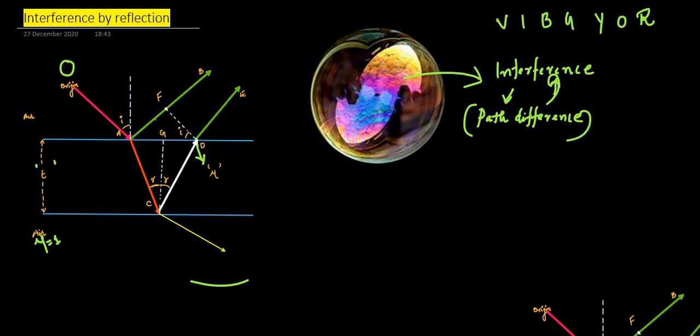Here we are going to derive the equation of path difference. It is a very simple process, you just need to listen to the class properly. We are going to derive the general equation of path difference so that we can explain interference.